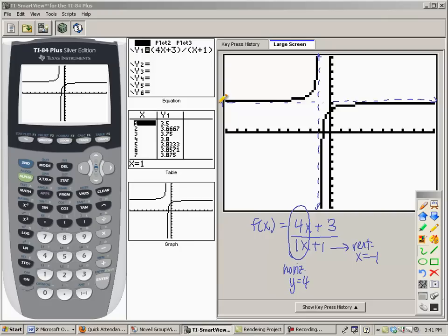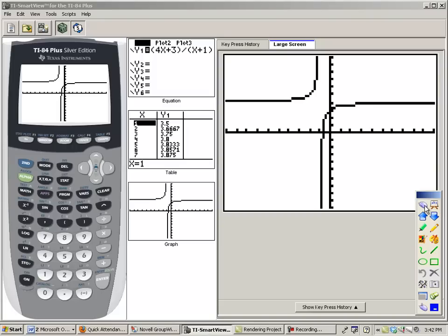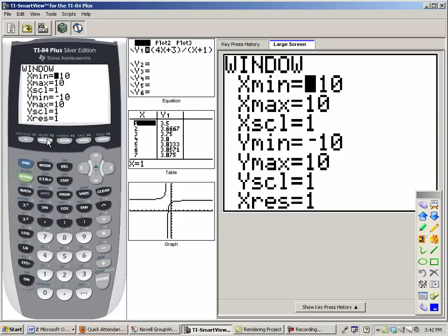You have a problem though with your graph. Your graphing window is from -10 to 10, and the problem is we want to put in 100,000. You cannot do that unless you change your window. So let me go to window. I'm just going to start at 0, because really they just want from 10, 100, 100,000, and so on and so forth.